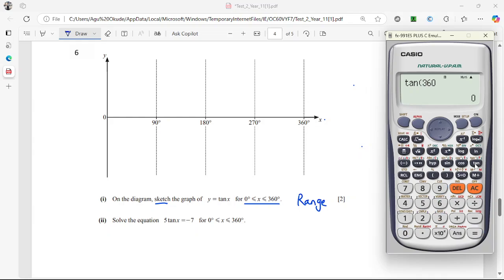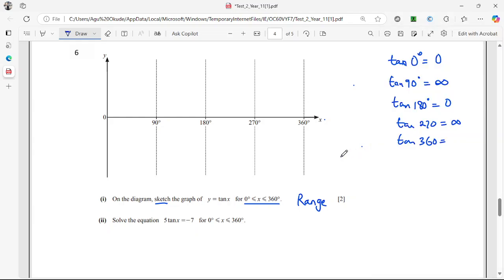Tan 360 degrees is 0. So after you get these values, because we are sketching, that's why I'm doing this. Now at 90 degrees it is undefined, which means this line here must be an asymptote.